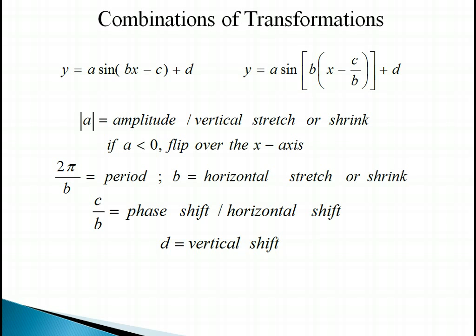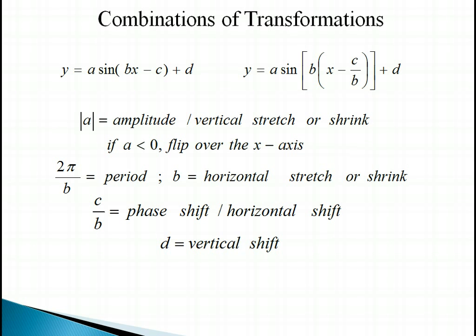But the b value, the period, will also affect it because they're both horizontal movements. So you're going to find your phase shift by dividing c by b. Sometimes it's easier to go ahead and factor out the b, and then you can see what your phase shift is easily. Also, the c is negative in front of it, which means that the shift is going to go in the opposite direction of the sign.